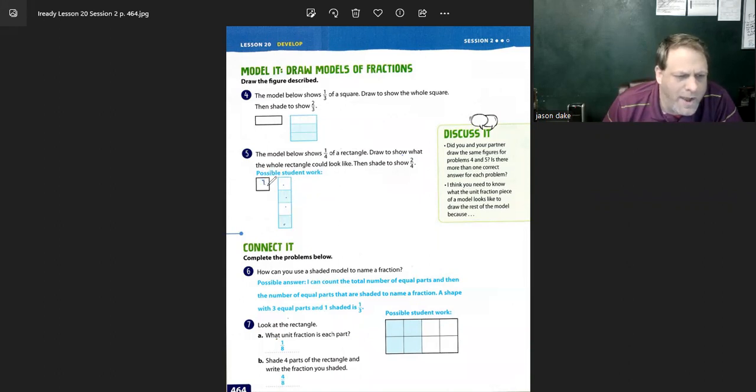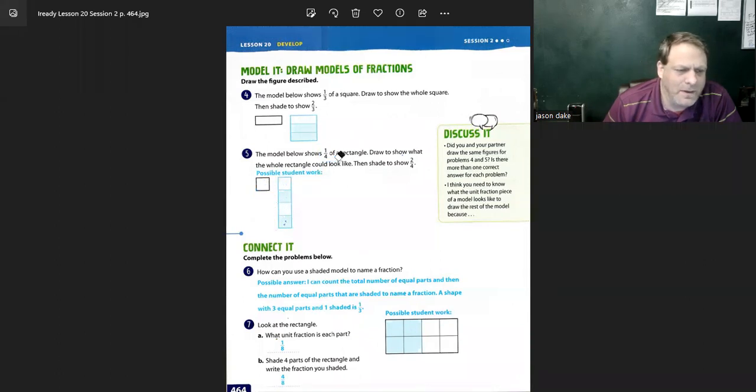So 1 out of the 4. I'm just going to put a little fraction bar there. So they took 1 out, so 1/4. They took 1 out of the 4, right?